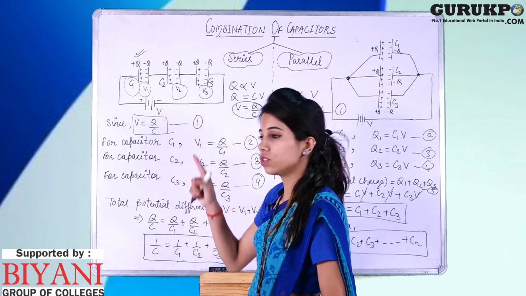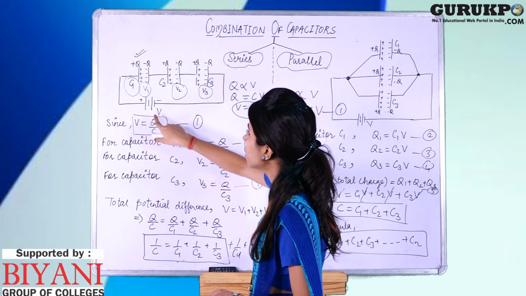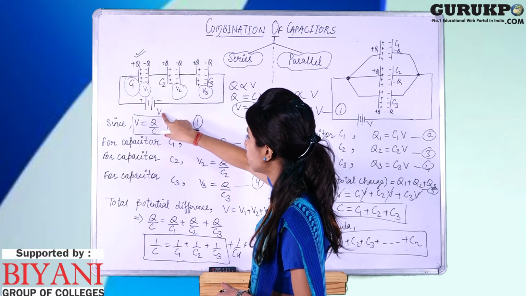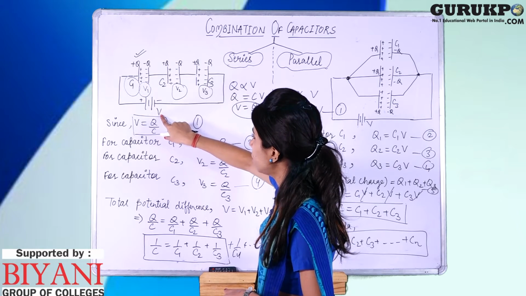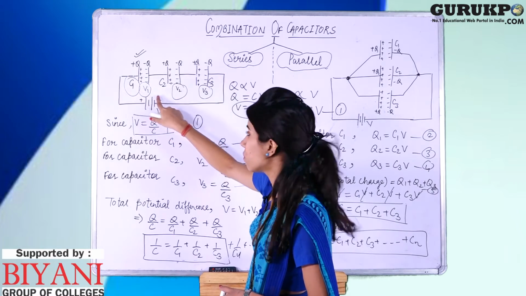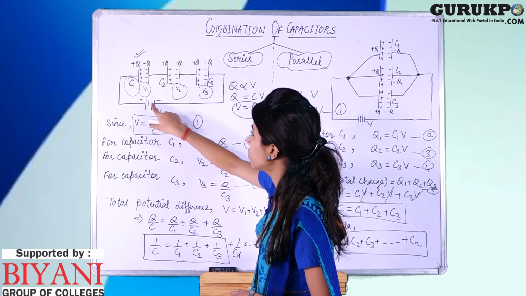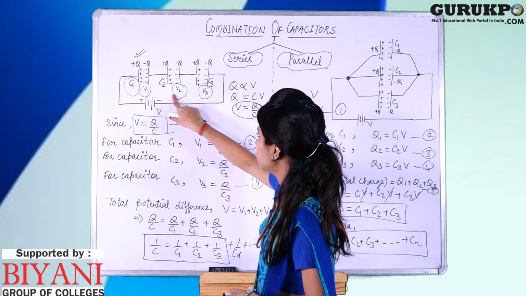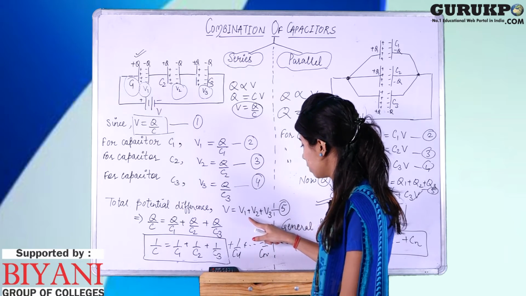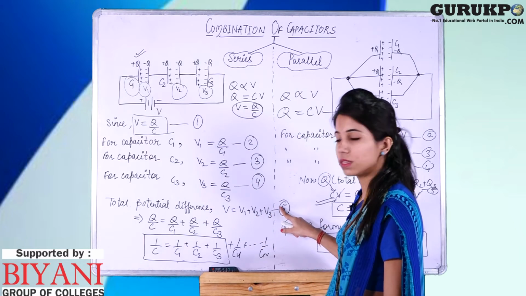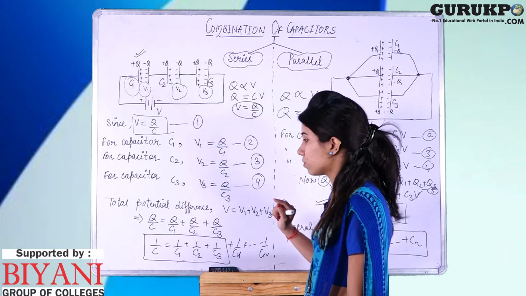Now the total potential difference across this whole circuit is V. So this potential V will be equal to the sum of all the potentials. So V is equal to V1 plus V2 plus V3. Let this be equation number 5.